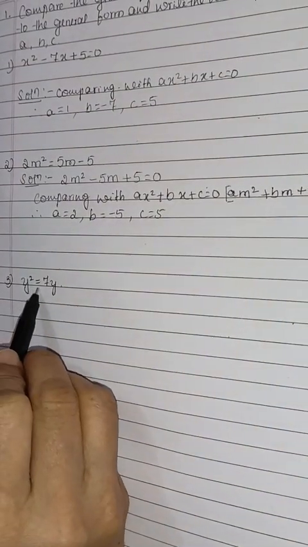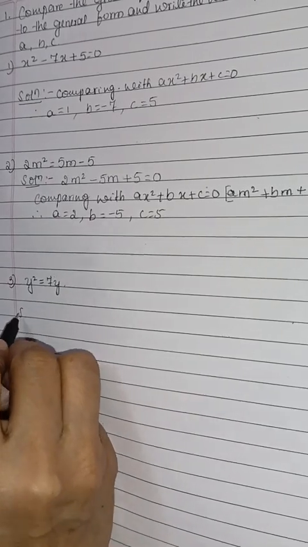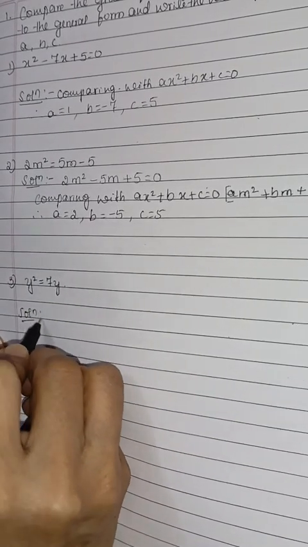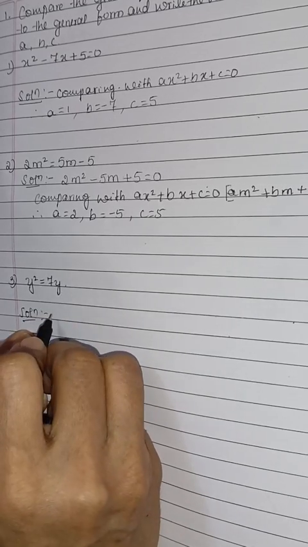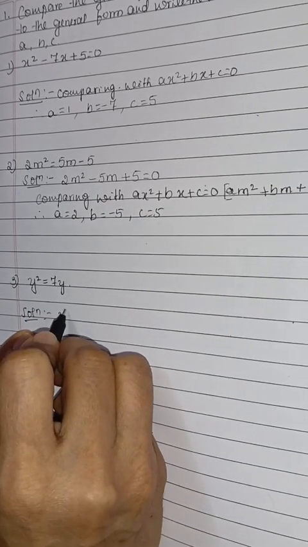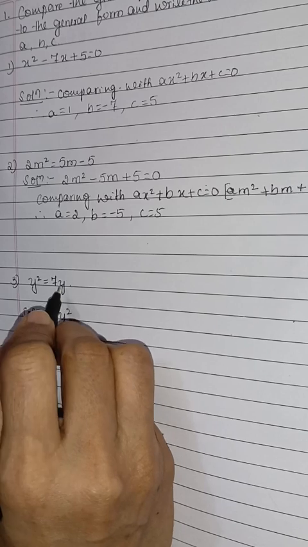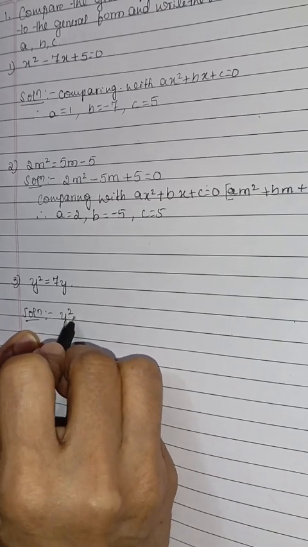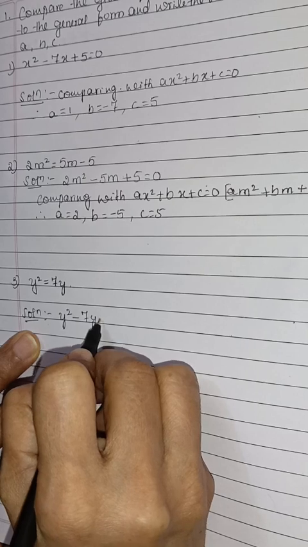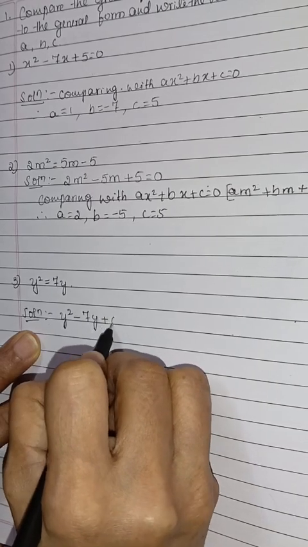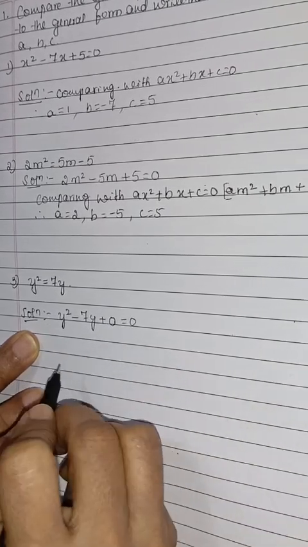Third one is y square equal to 7y. Therefore, it is not in the standard form. So write in the standard form: y square, bring 7y to the left hand side, becomes minus 7y, and that constant term is not there. You have to take 0 equal to 0.